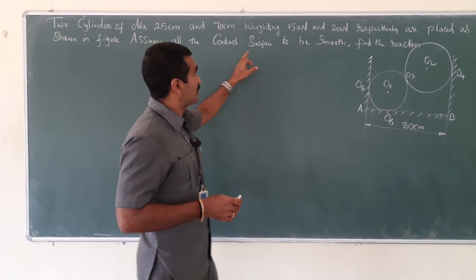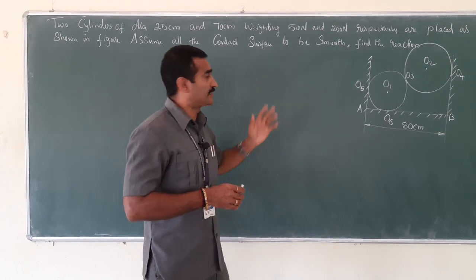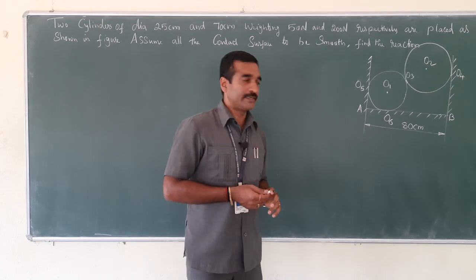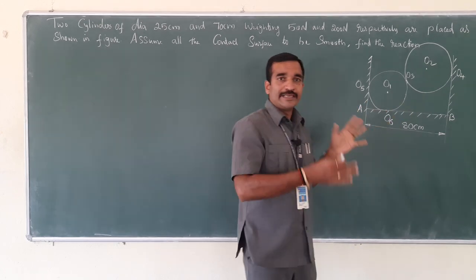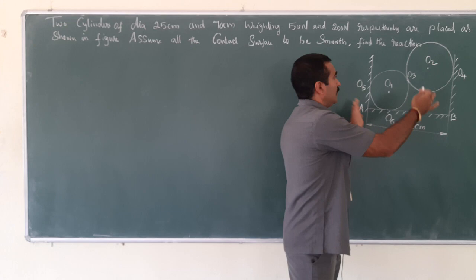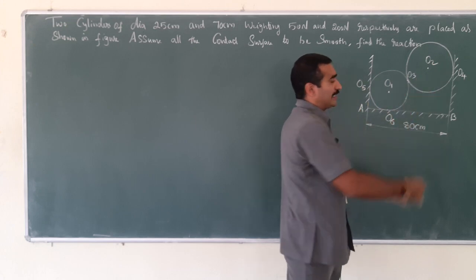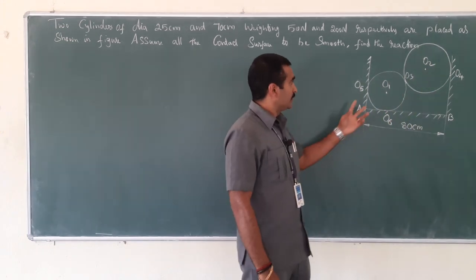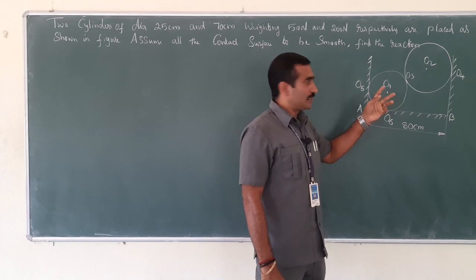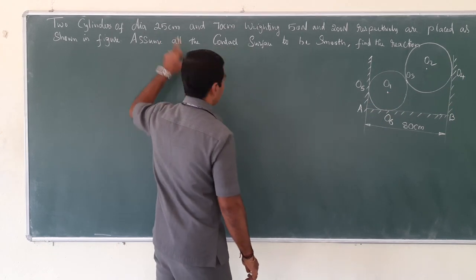Assume all the contact surfaces to be smooth, find its reactions. This is the picture. It illustrates the two cylinders placed in the chamber, and the diameter of the smaller cylinder is 25 centimeters.